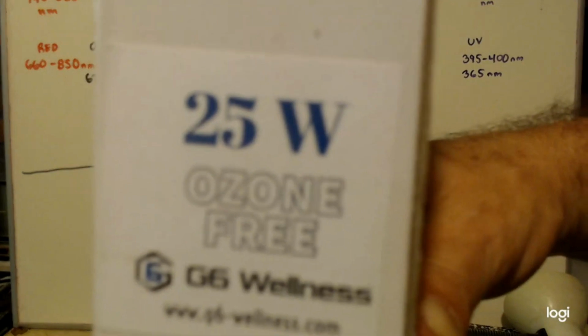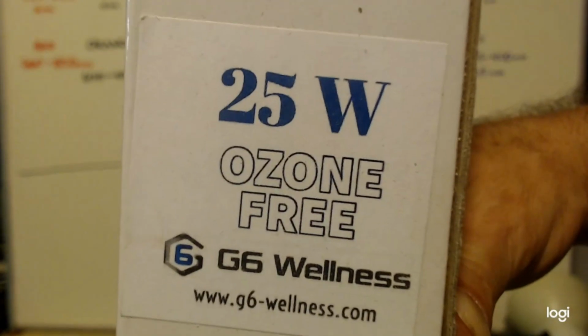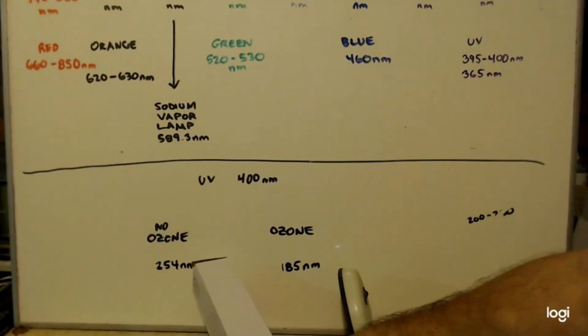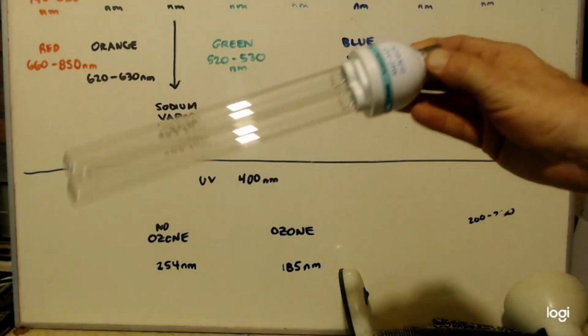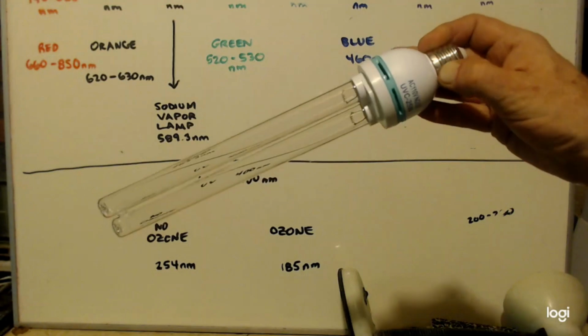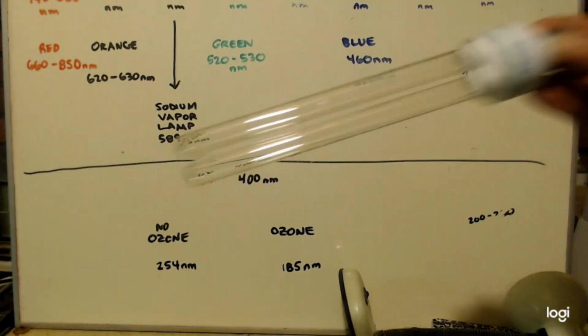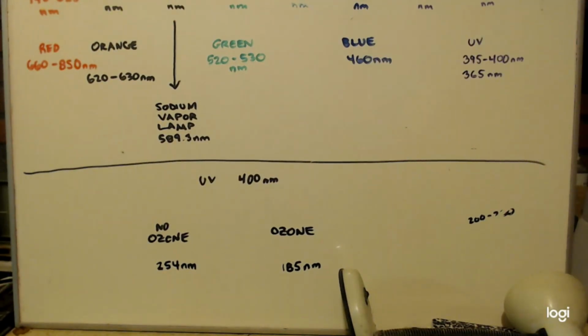See how it says ozone free on there? That's this one. It gives about 254 nanometers, and that's what it looks like. It's got kind of two tubes sticking out. It does not produce ozone.